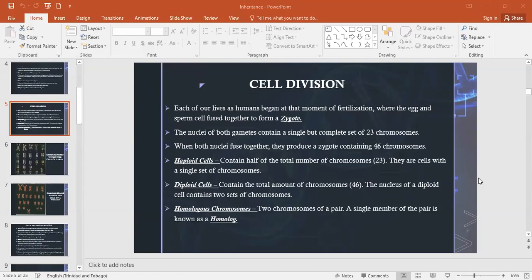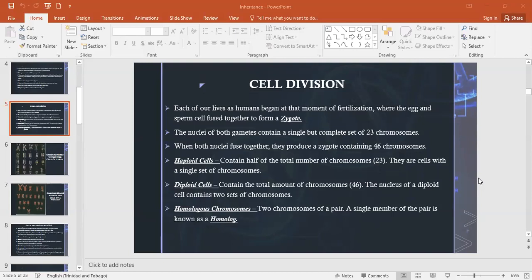After you have a zygote, the cells will continue to divide to form an embryo. Then the embryo will develop into a fetus, and the fetus develops into a big, hardback human like ourselves, right?